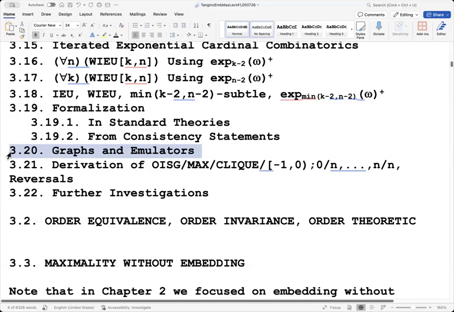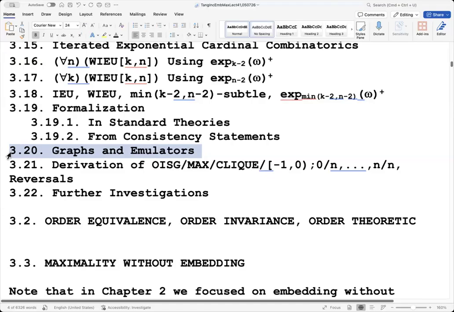There were some ifs, ands, and buts in a different version of this chapter that had more material in it than it ought to. But with this particular neat form of chapter 3, I think it's true that usability is the same for graphs and emulators and chains.